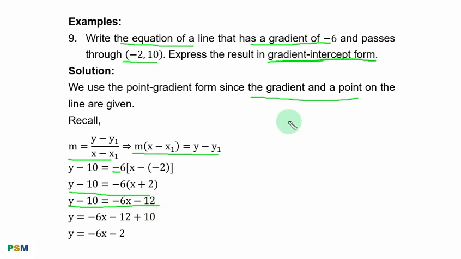In gradient intercept form, y always stands alone. So let's transfer minus 10 to the right hand side. You have it in this form. Therefore, y is equal to minus 6x minus 2 in gradient intercept form.